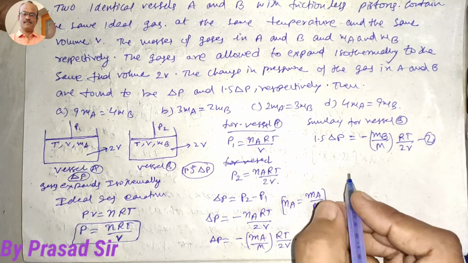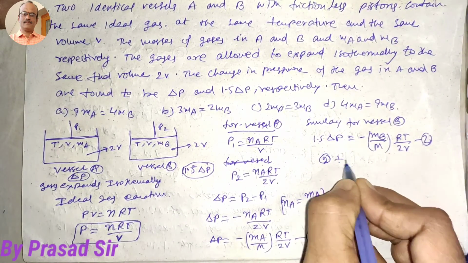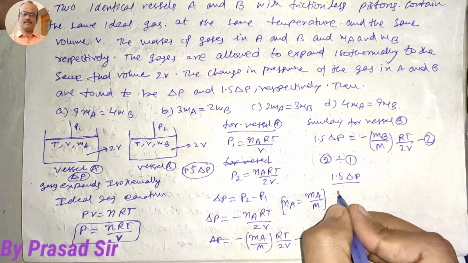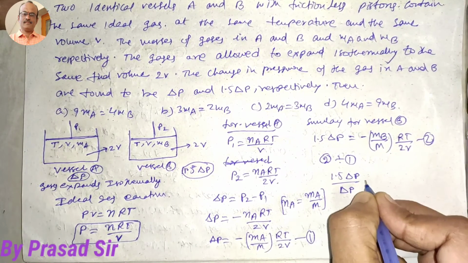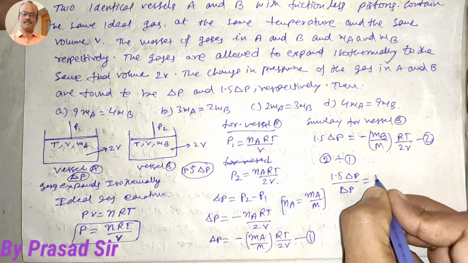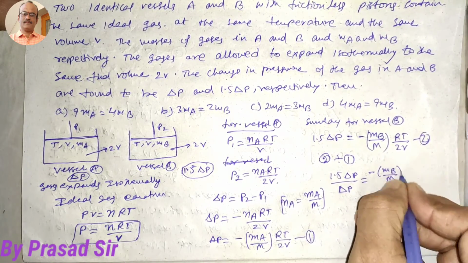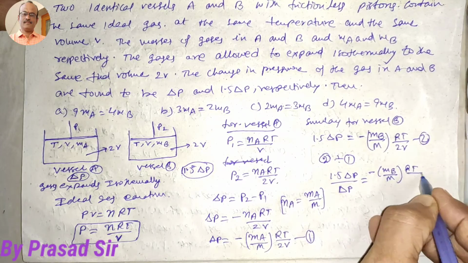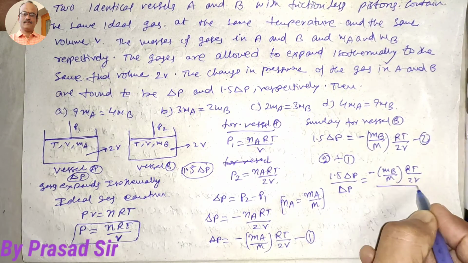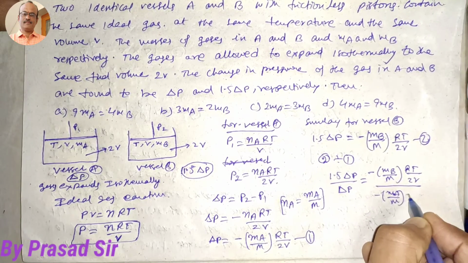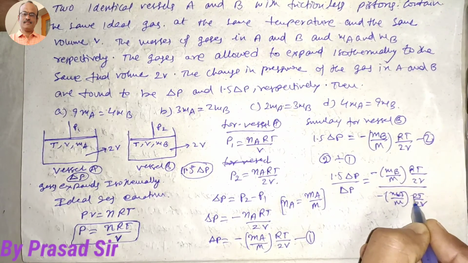This is the second equation. Now 2 divided by 1: 1.5 delta P divided by delta P is equal to minus mass of B divided by M into RT divided by 2V, divided by minus mass of A divided by molecular weight into RT divided by 2V.